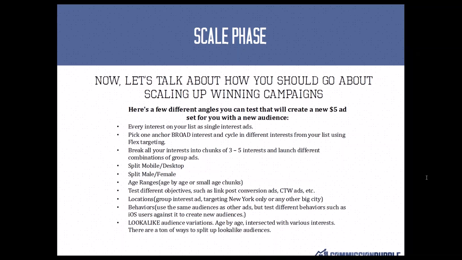So behaviors, you can use the same audience as all of the other ads that you're using, but just throw some behaviors on there, test different behaviors, such as iOS users, whatever you have. I know it's different if you're overseas. I'm not sure all of the behaviors that are available there, but there are still some behaviors to test to give you another excuse to launch more $5 assets.